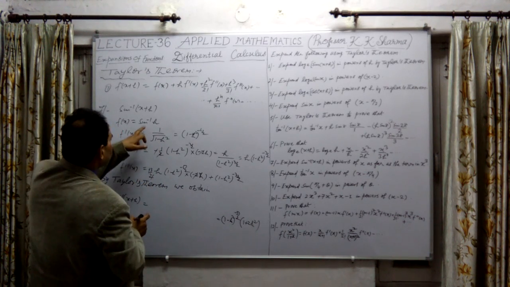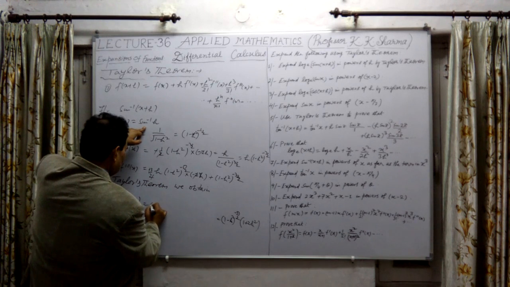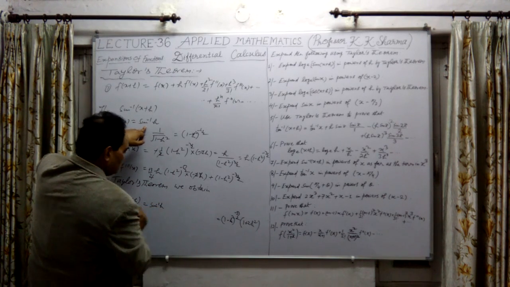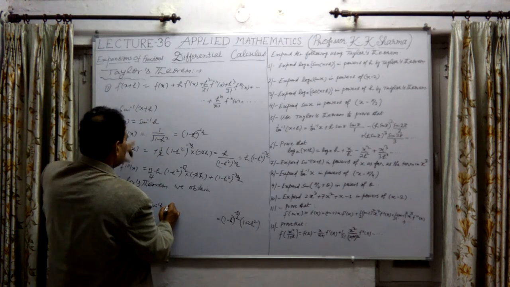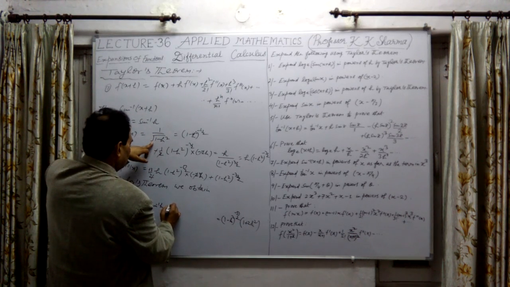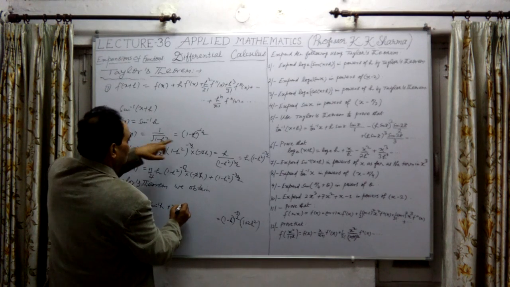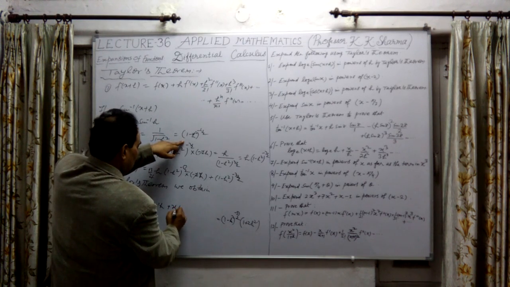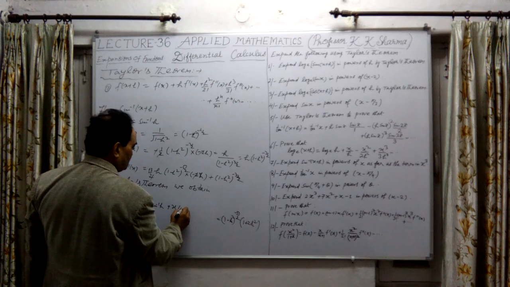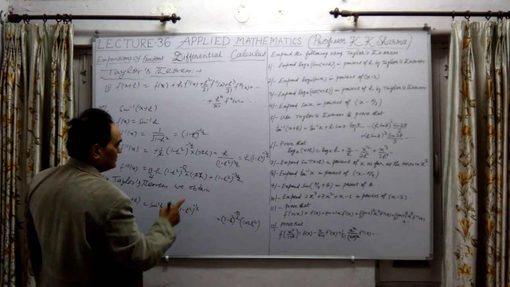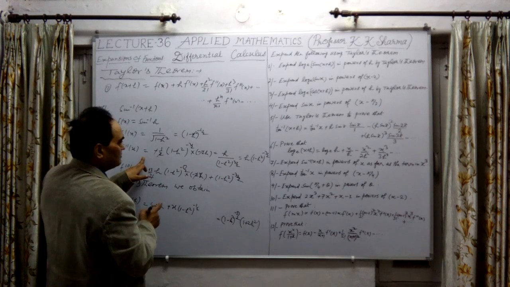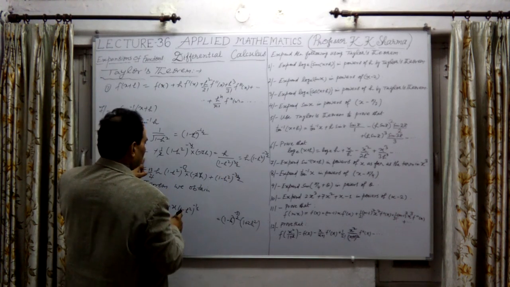The first term is sine inverse h. This is the value of f(x). Plus the second term is this: plus x into 1 divided by (1 minus h square) whole power minus half. The second derivative is this, h into this, positive.